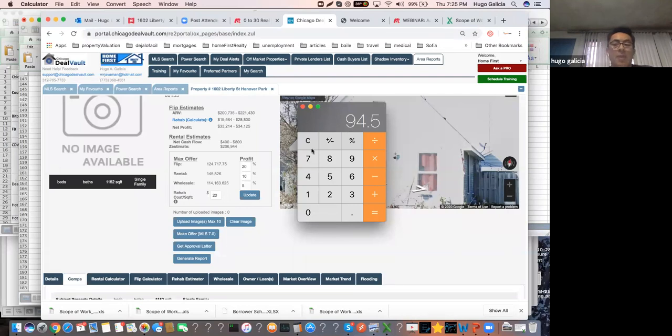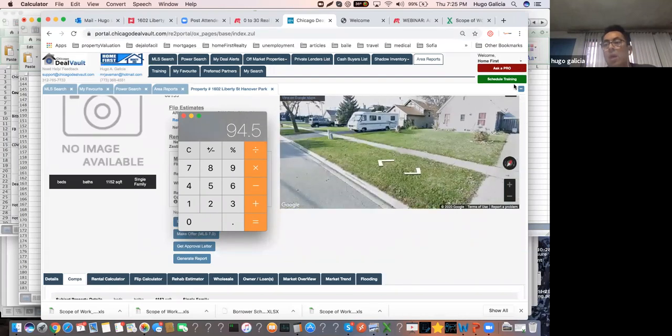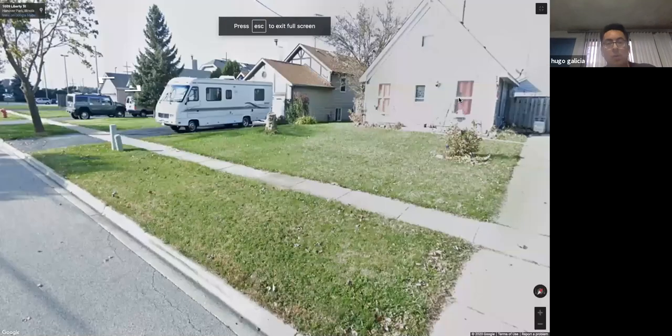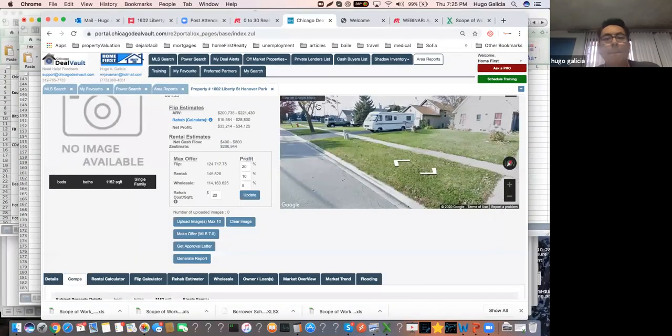But guess what? The big issue here is the location, right? Let me just remind you of the location. It's like right on the, oops, I maximized this. Right, this is right on the expressway, right?